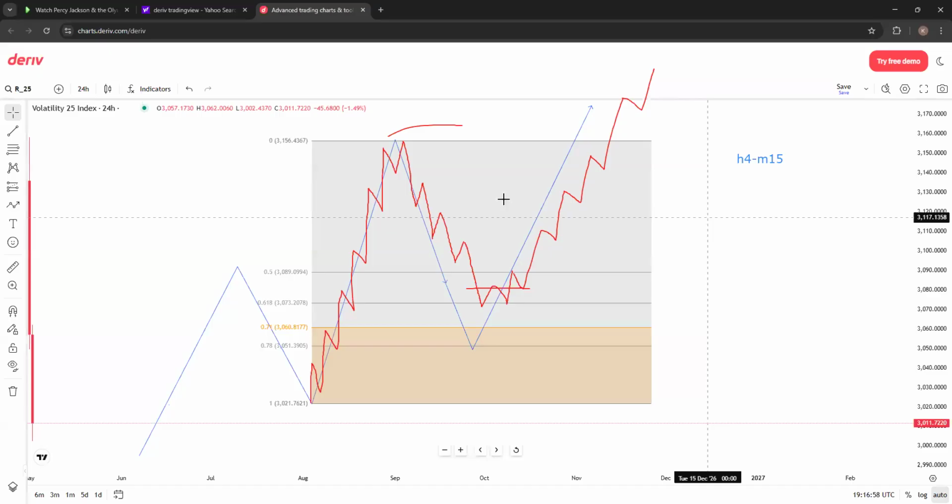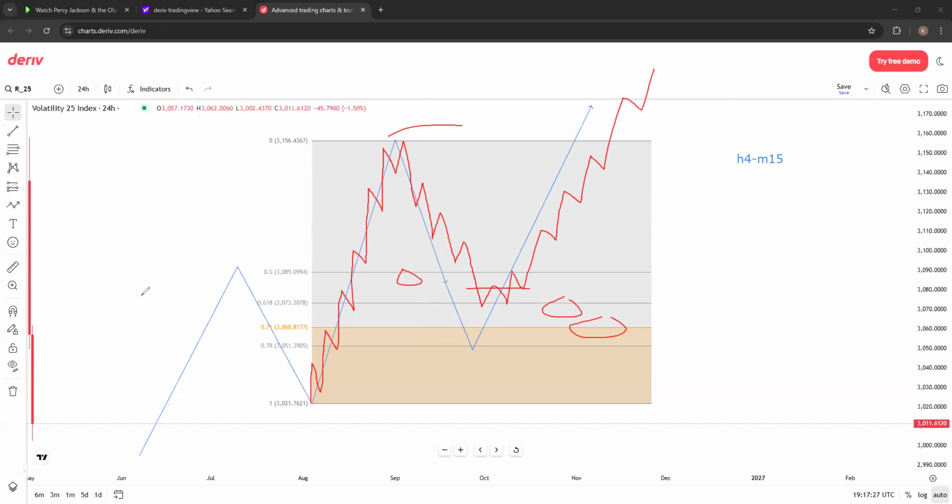But now, this shift of structure for this correction can happen either on the 0.5, on the 0.618, or on the 0.71. There's no particular point that we can say price can just come and automatically tap and then it goes up.